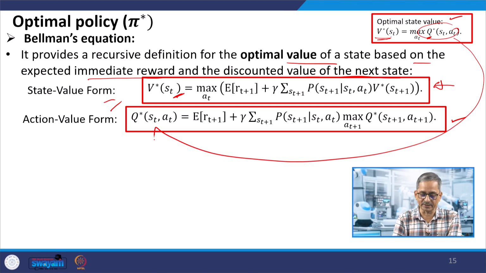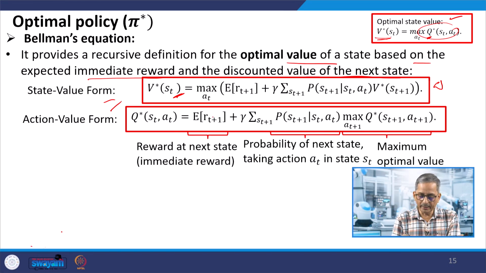So, it is this term basically, and this term is going to be equal to this one. This is how this is written in the form of the action value. Here this term is the reward at the next state, which is the immediate reward.